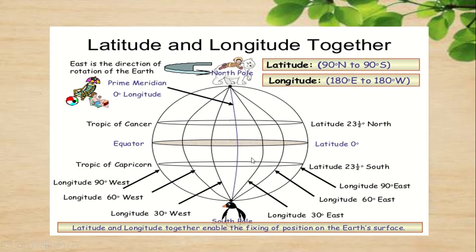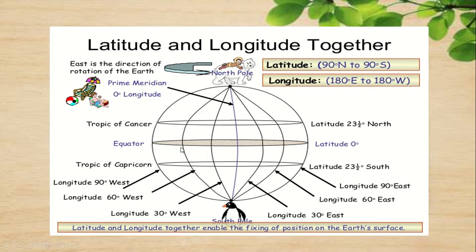It's our globe or our world, and earth is always rotating from west to east. This is 90 degree north, that is the north pole, and 90 degree south, the south pole, if we divide using the equator.